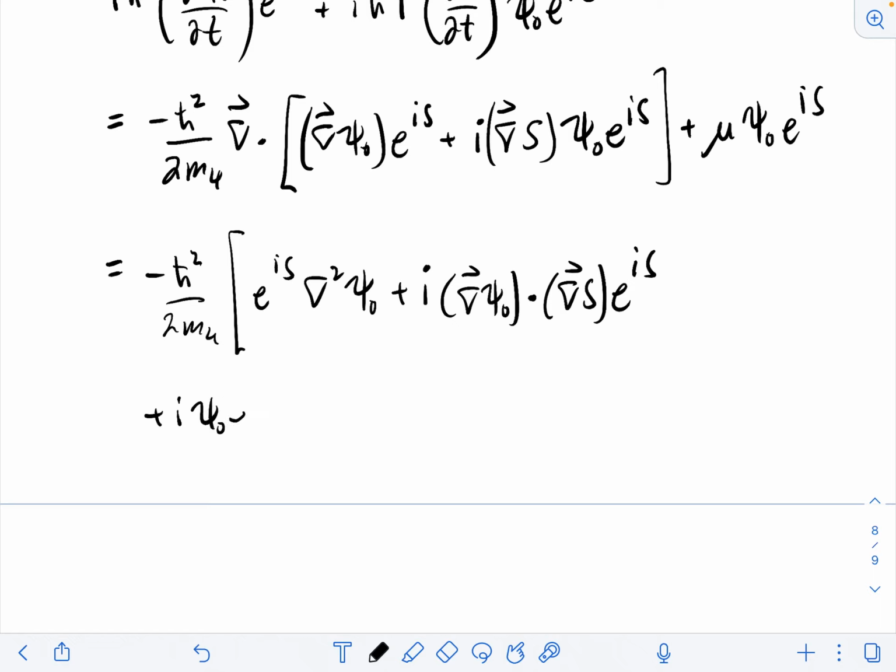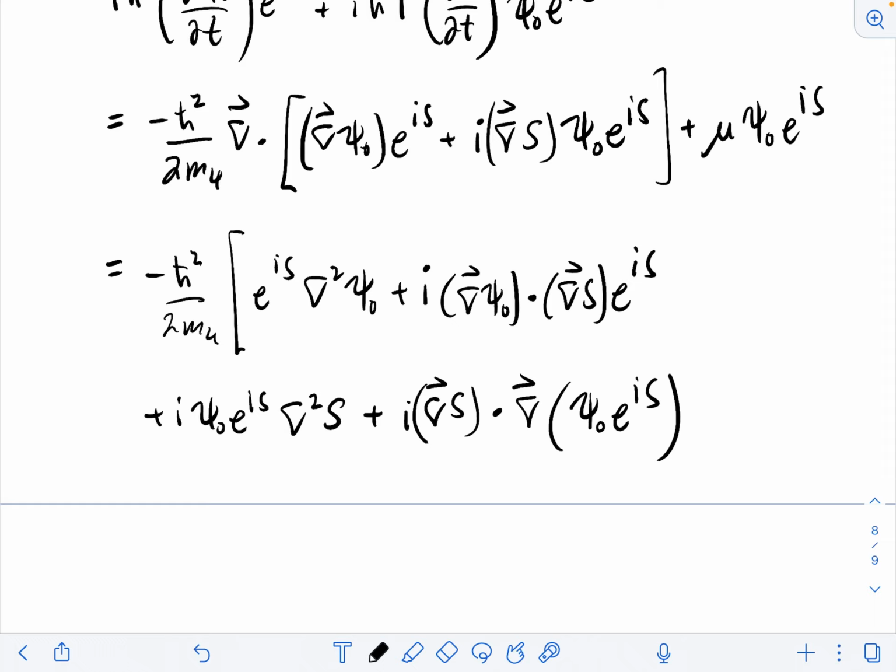Then we have del dot del s, which is del squared s, plus by product rule, we're going to have plus i gradient of s dot gradient of φ0 e^(is). So we're going to have to do a product rule again, but first let's close this bracket, and we still have the chemical potential times the wave function.